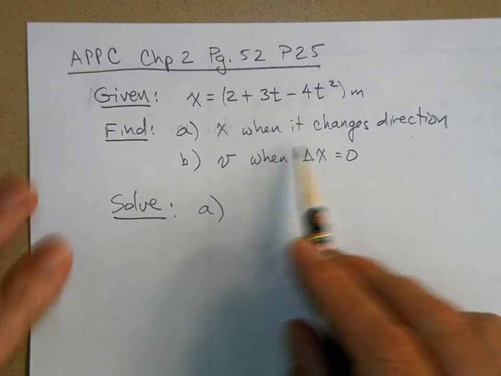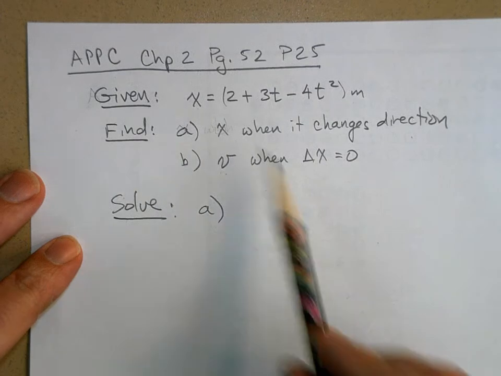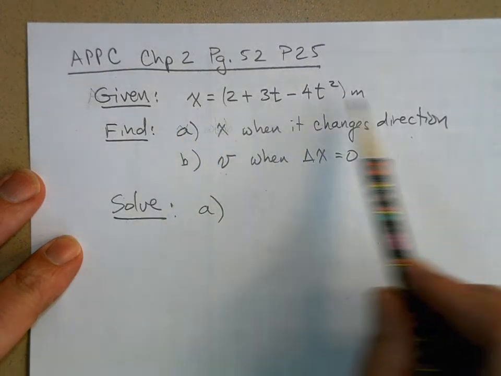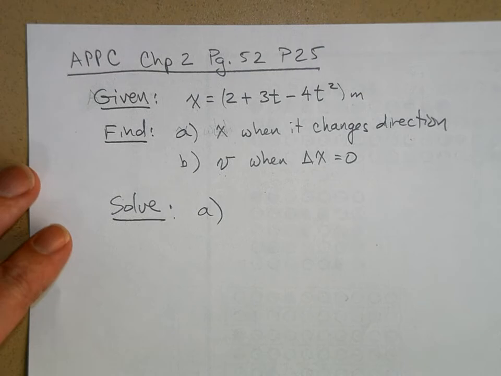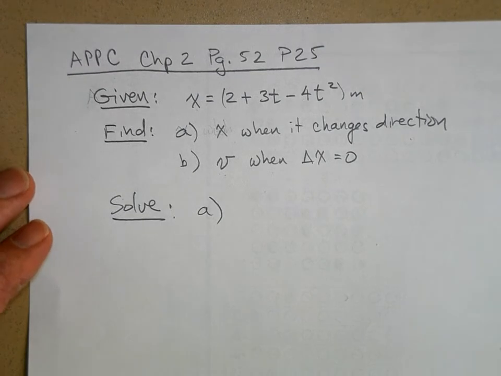Well, when it changes direction, so this thing is moving along the x-axis, and at some point it's going to change direction. And when an object moving in one-dimensional motion changes direction, the velocity at that instant in time is 0. Does that make sense?